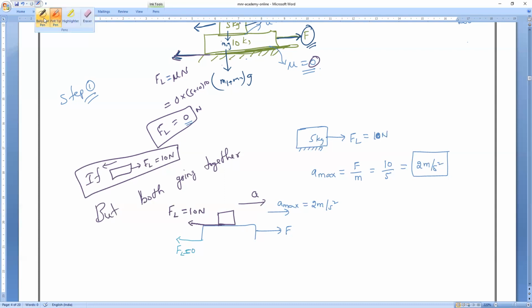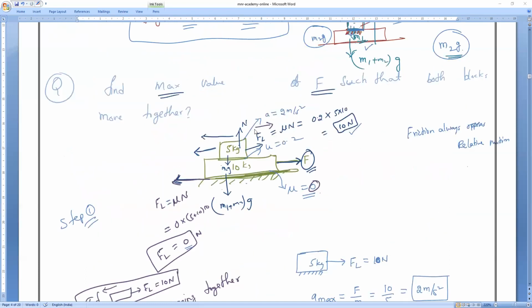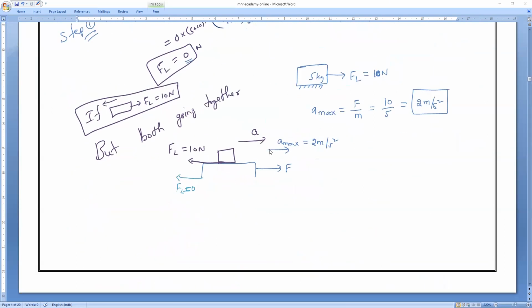If I consider the second block moving backward, F limiting is in the forward direction. Now they are saying that both bodies should go forward, so F limiting of the second body acts in the backward direction. Am I right or wrong?